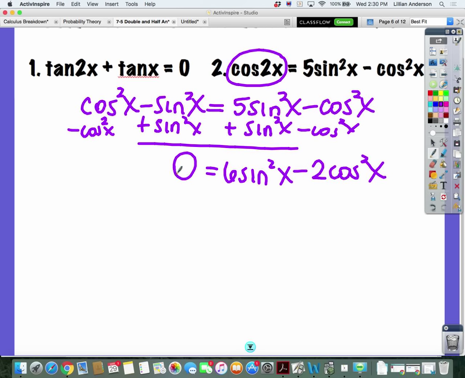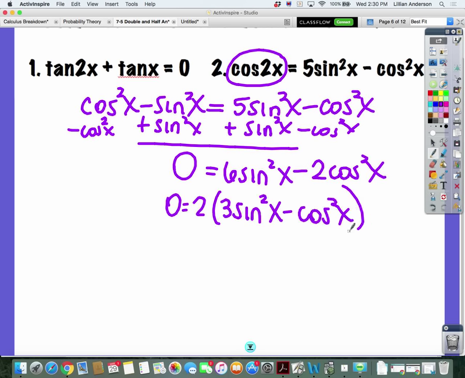Now what can I do? I can't factor out a 2. What else can I do? I cannot factor out an x squared. That x is attached to the sine or the cosine. Which identity?